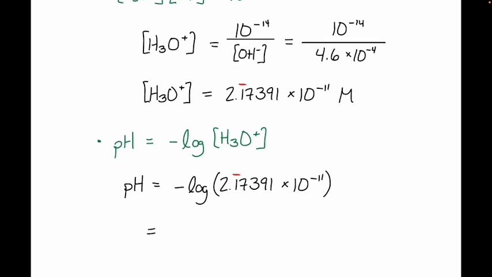Okay, so I'm going to let the calculator do its magic here, punch that in, and I get 10.662757. And again, this is pH, so what are my units? I don't have units for pH. Okay? All right.